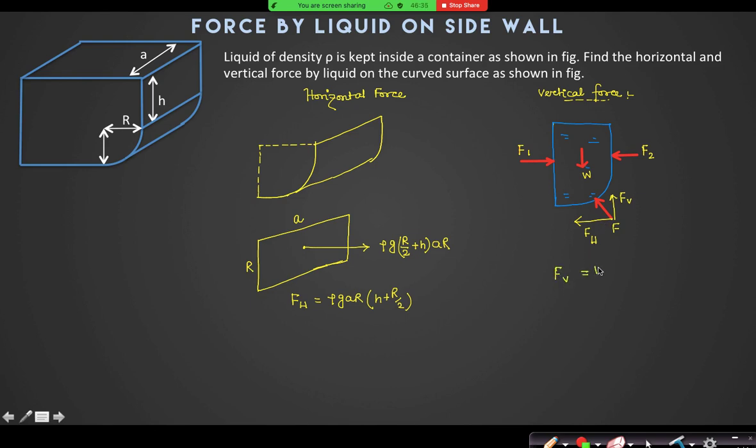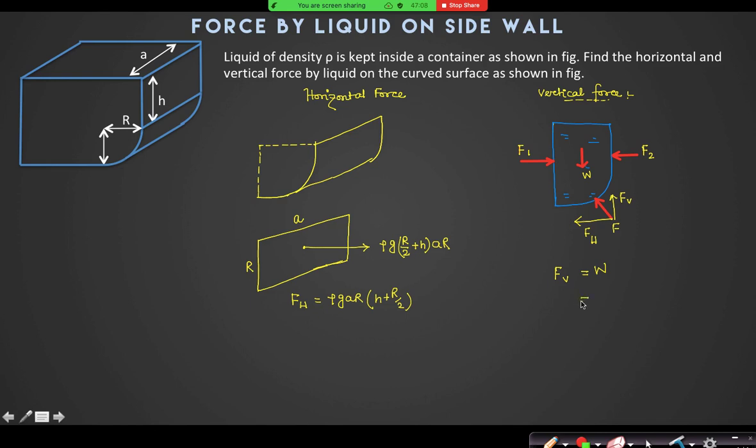Is it only the weight of the liquid that is above it? Yes, sir. Because the vertical component is only balancing this weight. There is no normal reaction. This force is only provided by this container wall, and the liquid is also providing the same force to the container wall.